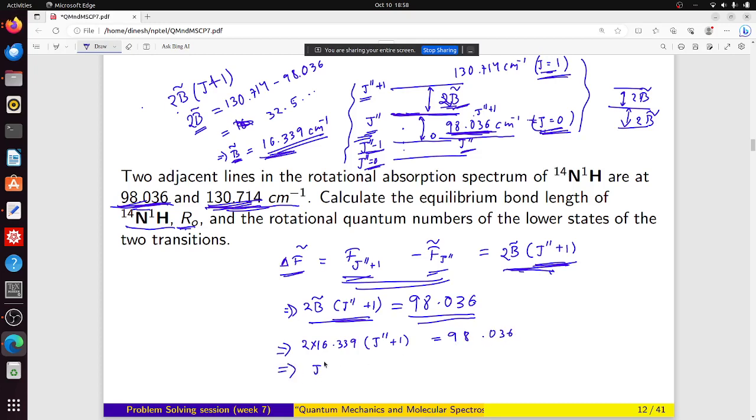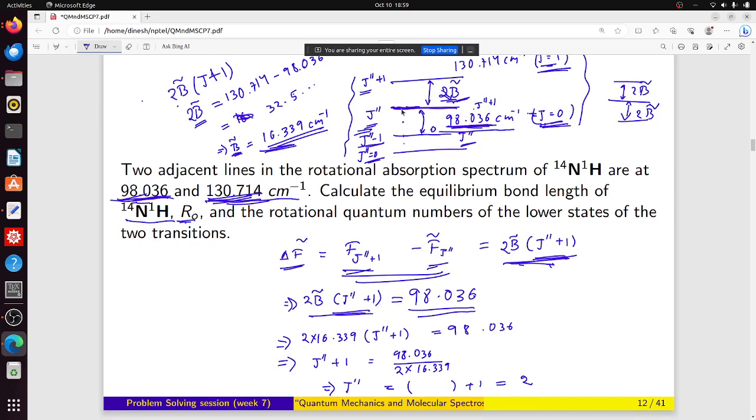So J double prime plus 1 will be 98.036 by 2 times 16.339, then J double prime will be this value minus 1. So if you solve this, you will get J double prime value to be 2.